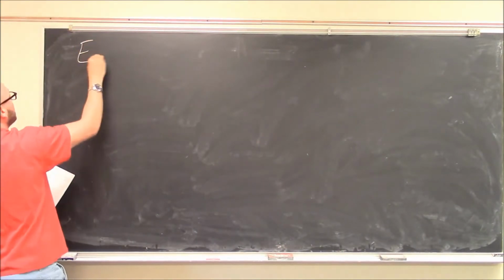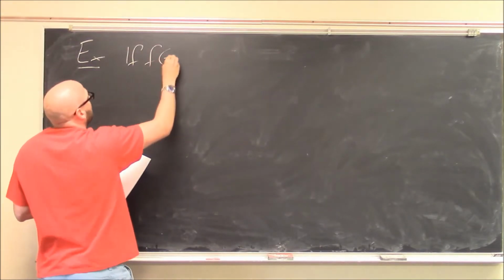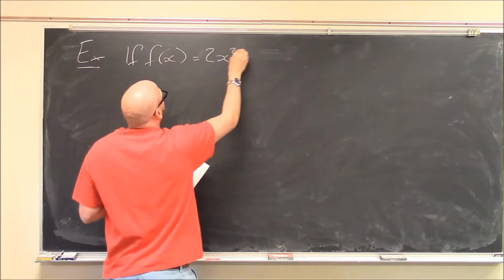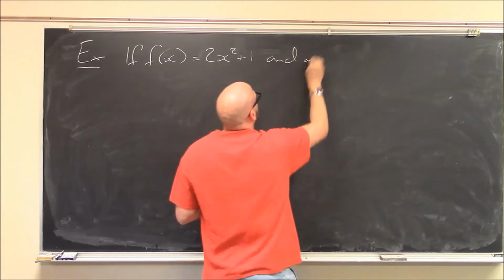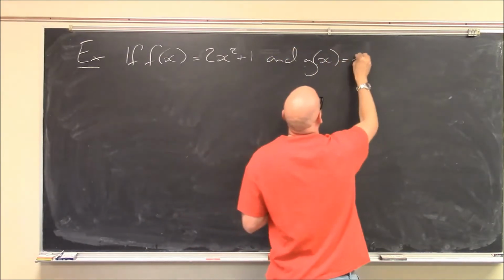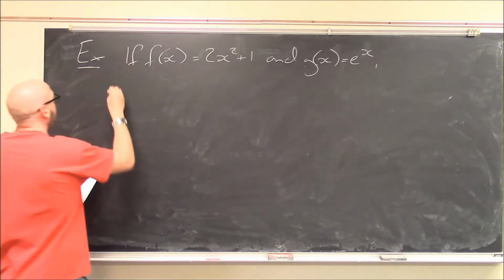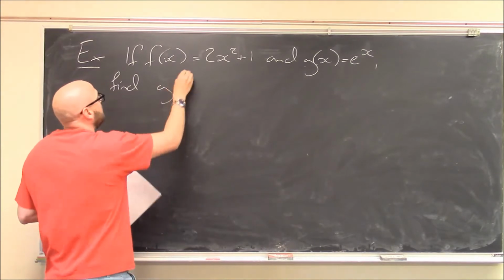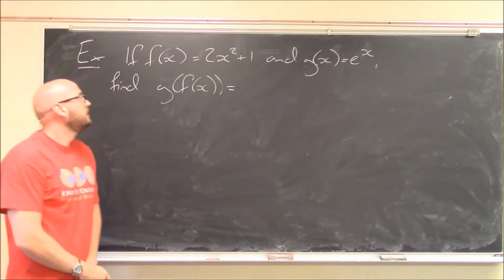Alright, for example, here are our two functions. If f of x is, say, 2x squared plus 1, and g of x is e to the x, let's find g of f of x.